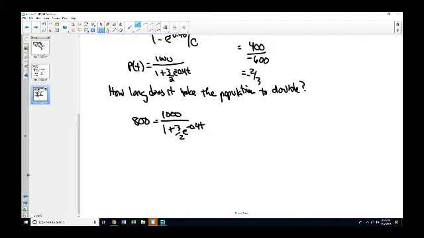Right. And now you have a big algebra problem. Can you solve that one? How? Yeah. Where do you start? Do you multiply the bottom across? Yeah, that's where I would start. So 800 plus 800.